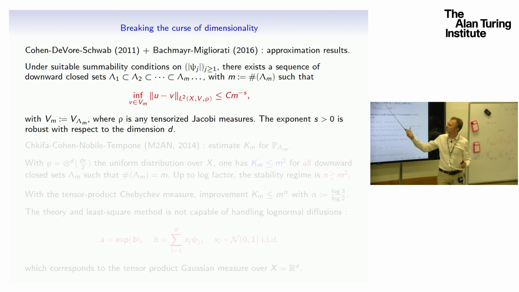But this result tells you that if you have certain suitable summability conditions on these, they will reflect into summability conditions on the polynomial coefficients in the Taylor, Legendre, Hermite expansions of this map. And the consequence is that by selecting carefully the index set, you will be able to prove certain approximation rates.